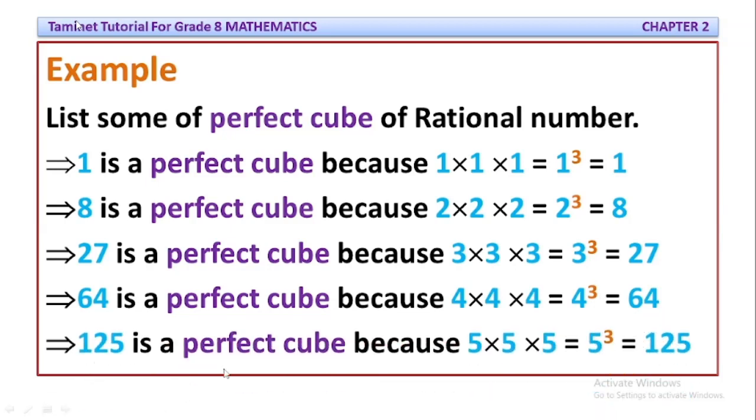And 125 is a perfect cube because 5 times 5 times 5 is 5 cubed, which is 125. These numbers are perfect cubes because we can determine each number as a product of a number 3 times. This is cubing a number.